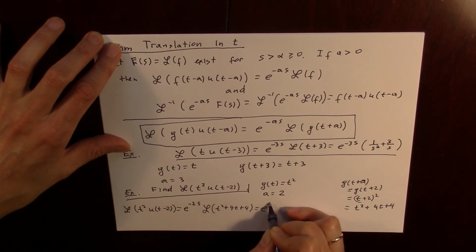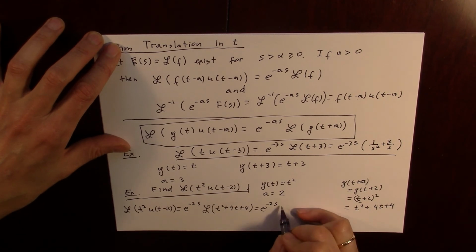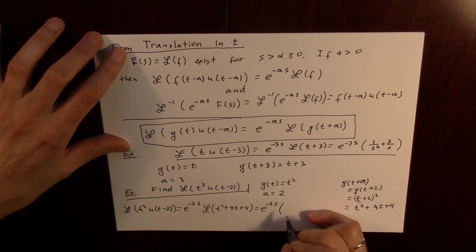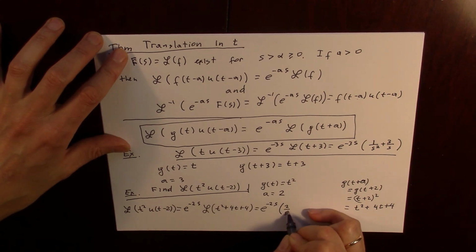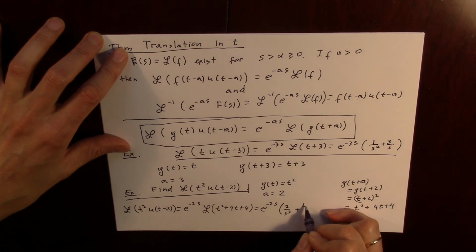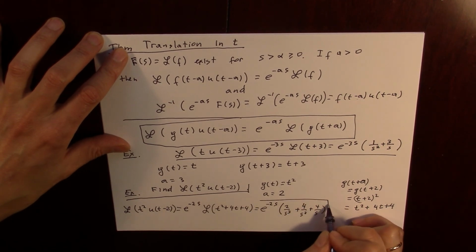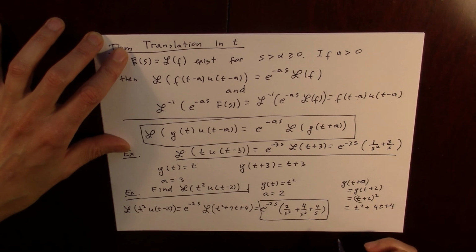So e to the negative 2s times: the Laplace transform of t squared is 2 over s cubed, the Laplace transform of 4t is 4 over s squared, and the Laplace transform of 4 is 4 over s. And that's going to be the final answer for this problem.